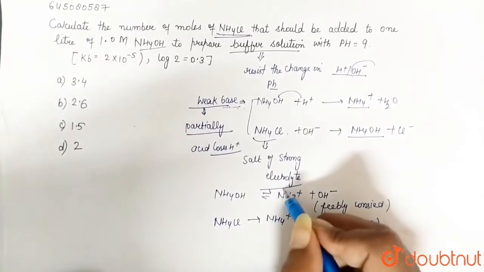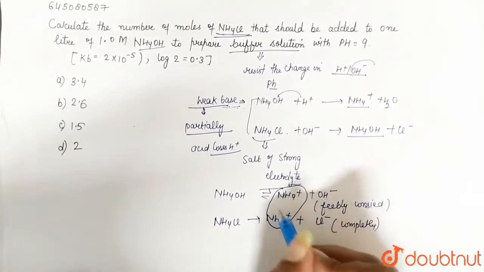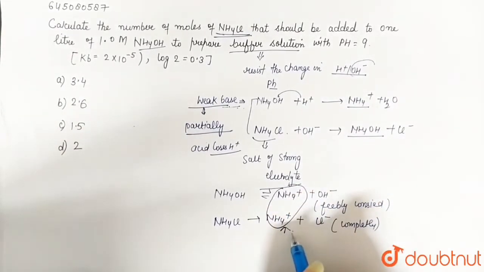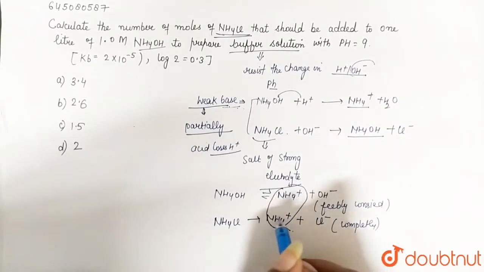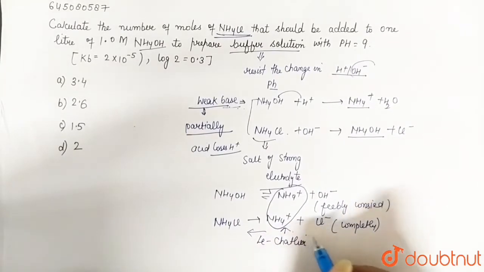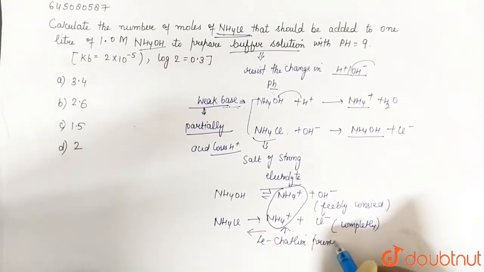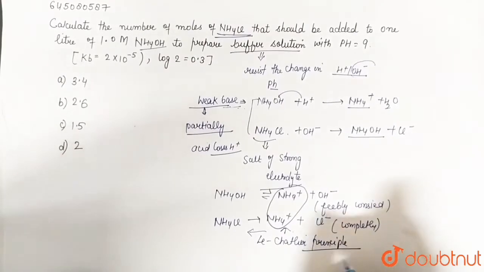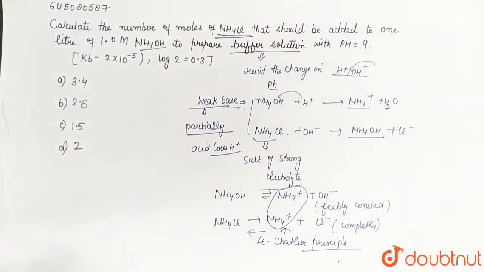Now if you see, this is the common ion effect. This is common. Now if the product is increasing, then the reaction will move in the backward direction according to Le Chatelier principle. So we can say there is no change in the pH. So this is how your buffer works.